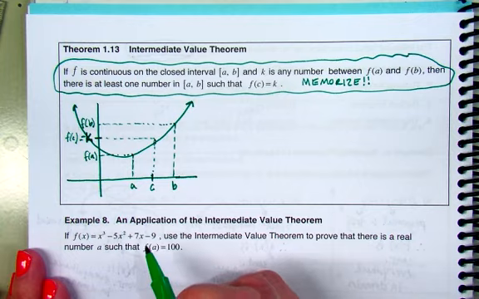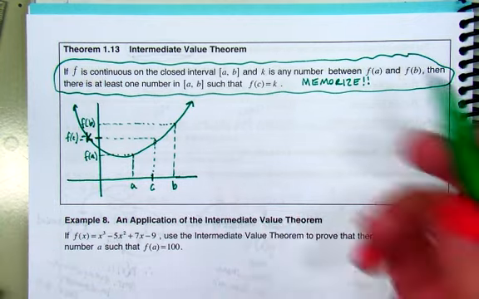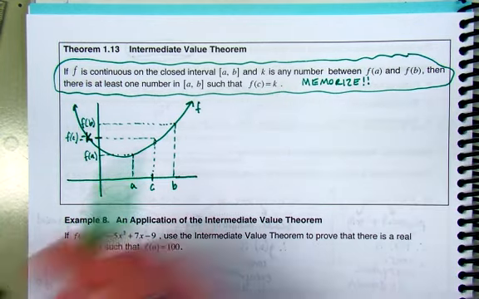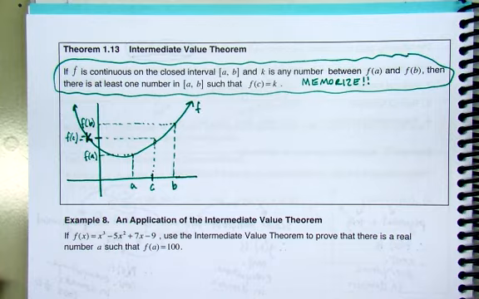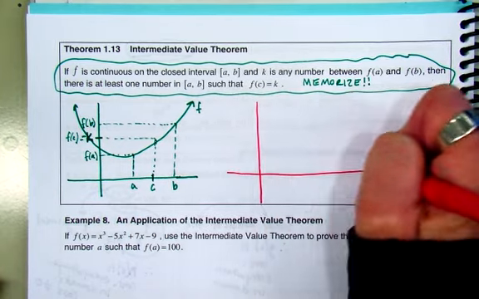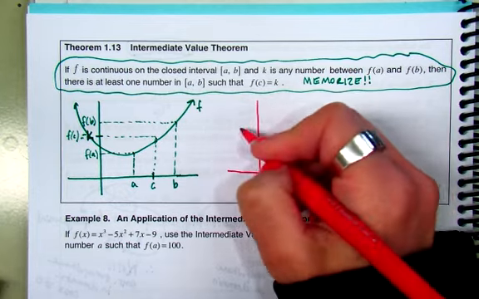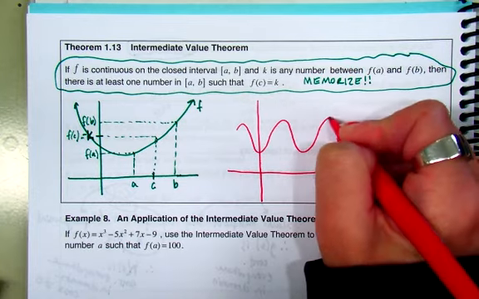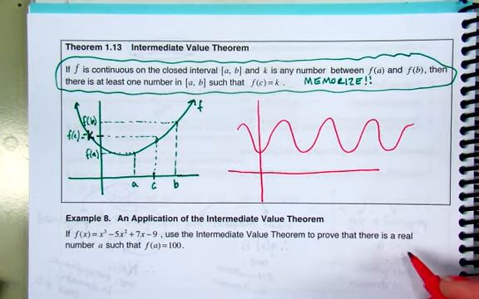Okay? What about another graph? This was function f. Let's do another graph, like a sine or a cosine graph that has some repetition to it. Something like that.